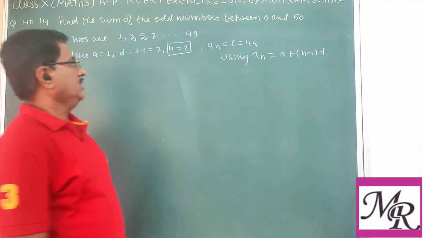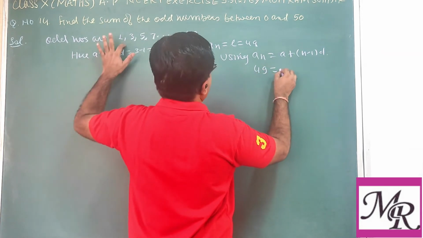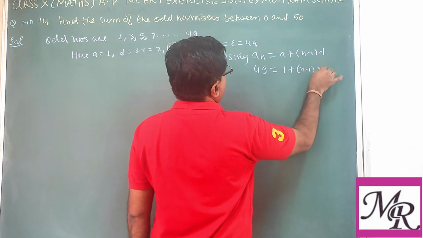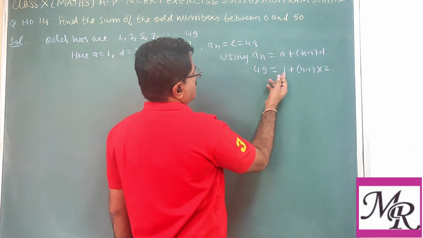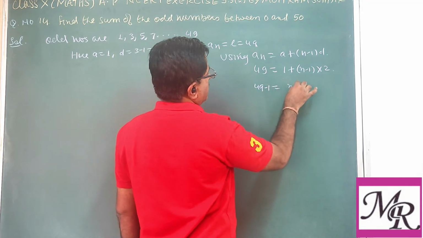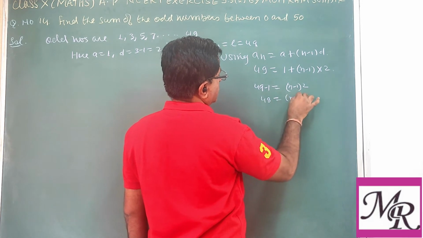Here an is 49, a is 1, n we want to find, and d is 2. So 1 transferred to this side, 49 minus 1 is 48 equals (n minus 1) into 2.